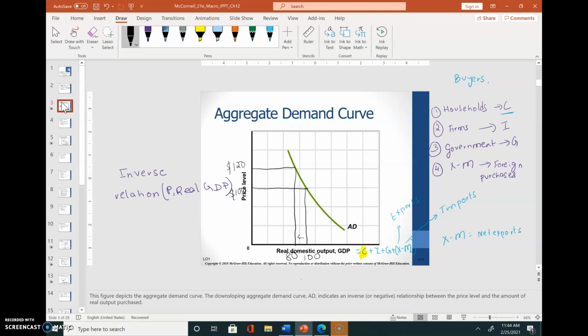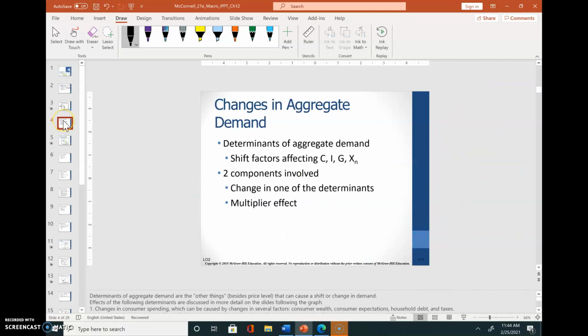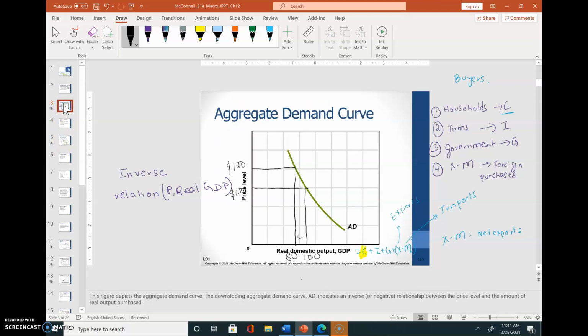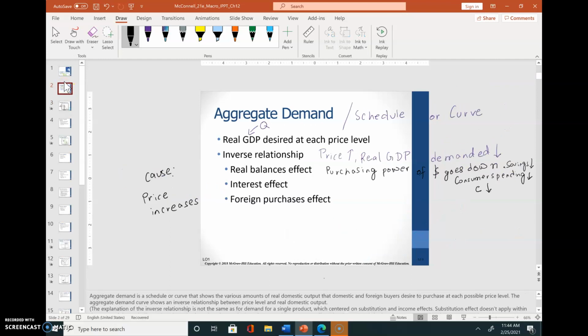And these are again some random numbers I'm using here. Because consumption goes down, we move along the aggregate demand curve from point A to point B, and the level of real GDP demanded is going to go down.